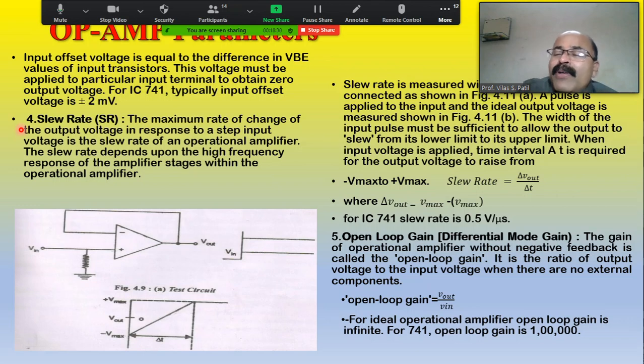The frequency range has a low frequency band, a medium frequency band, and a higher frequency band. We see that in the low frequency band the gain is less, in the medium frequency band the gain is constant, and in the higher frequency band the gain decreases.